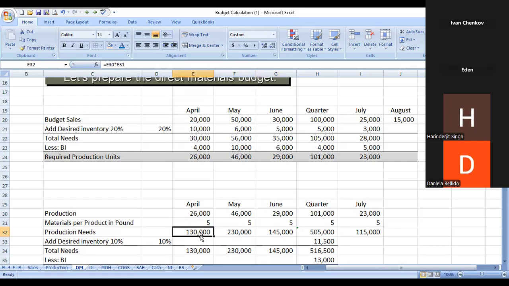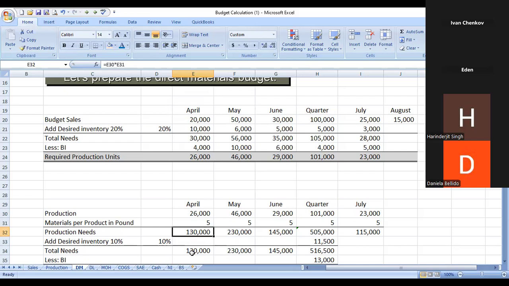Now, what else do I need as a material? I don't want to run out of materials. So in order not to run out of materials, I need to have at the end of the month 10% of the materials that I need for the next month of my production.